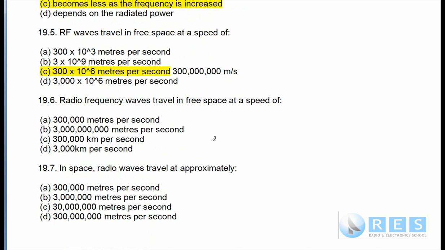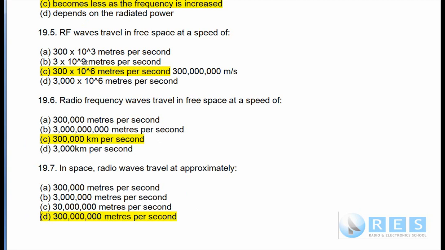19.6. Radio frequency waves travelling in free space travel at a speed of, let's have a look now. Well, 300 kilometres per second is the same as 300 million metres per second. 19.7. In space, radio waves travel at approximately 300 million metres per second.